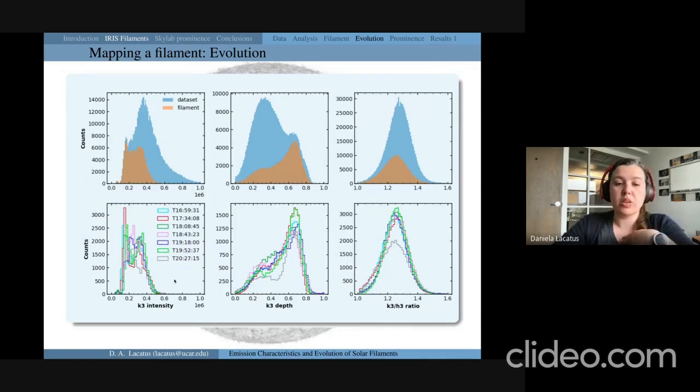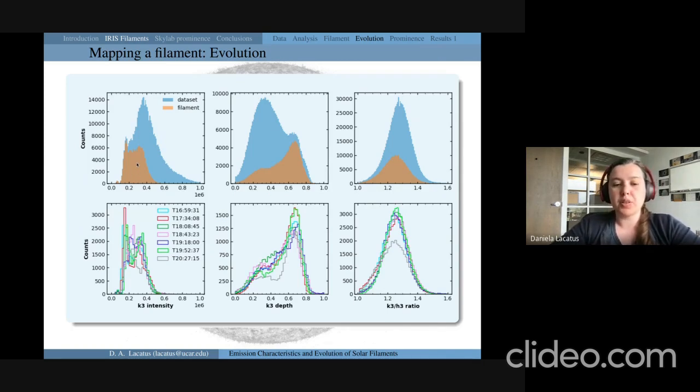I then looked at about half an hour intervals during the longer evolution of the filament, and see how the best observables that are identified by the filament change during this time. At the top, I have the total distribution of these measurements in blue over the whole data set, and in dark orange over only the filament region I showed above.